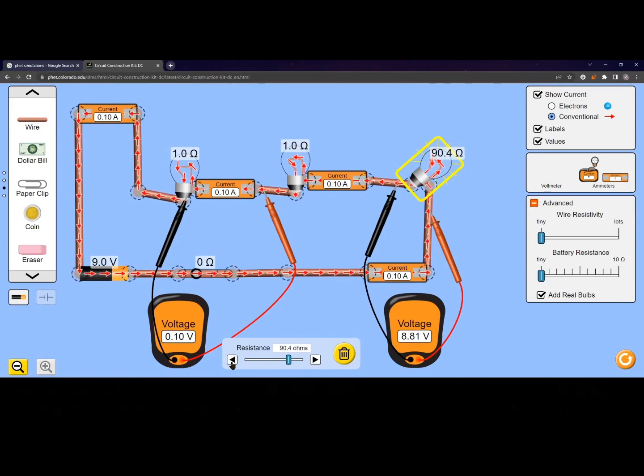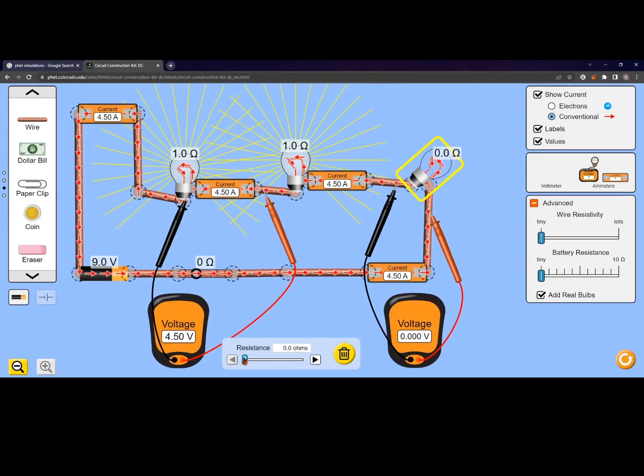Although the current is the same in the circuitry, the voltages are varying. As you can see, as I reduce the resistance, the voltage across the first bulb is reducing, and more voltage is now available to the other two bulbs, right? And their intensity is increasing, and the intensity of the first one is also normalized.